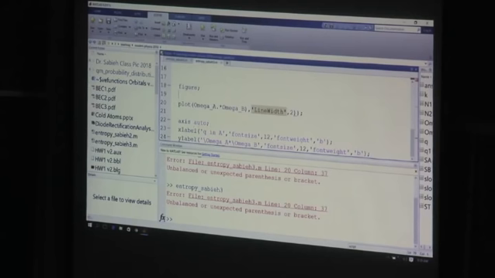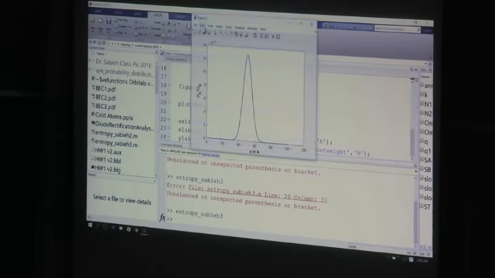Alright, so look at this peak. I have 100 atoms in each, okay? And I get a peak here. Now what I'm going to do, I'm going to double the number of atoms. I'm going to see what the peak looks like.